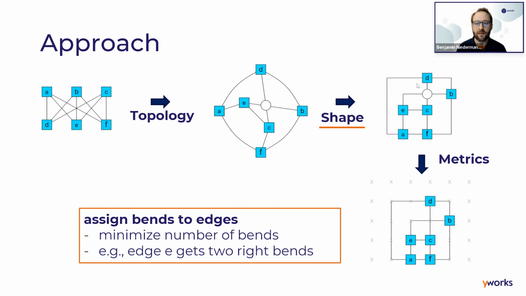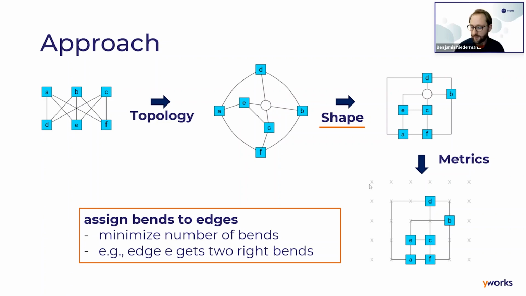And this we do for every edge, but at this point we don't know anything about the length of the edges. And again, we don't do this arbitrarily, but we minimize the number of bends in this step, so that the drawing has only few bends if possible.